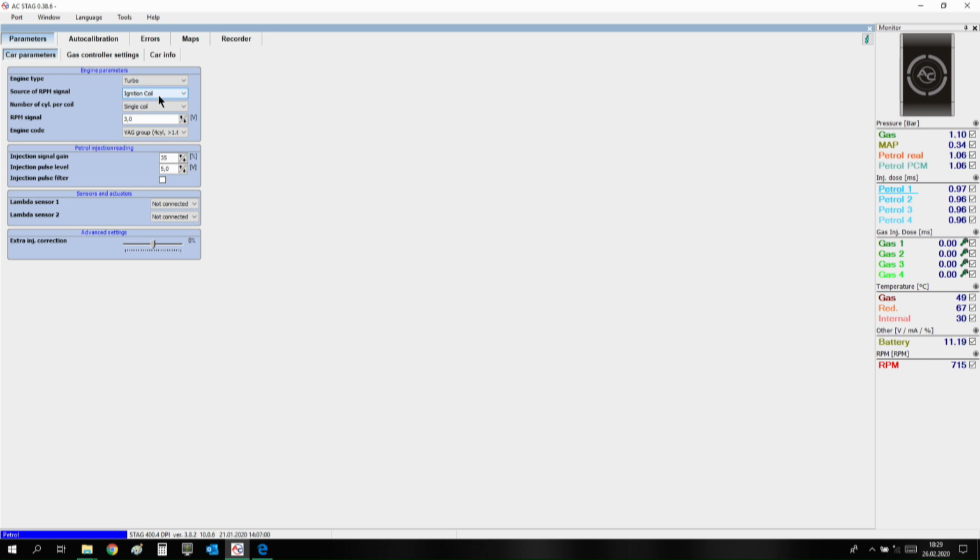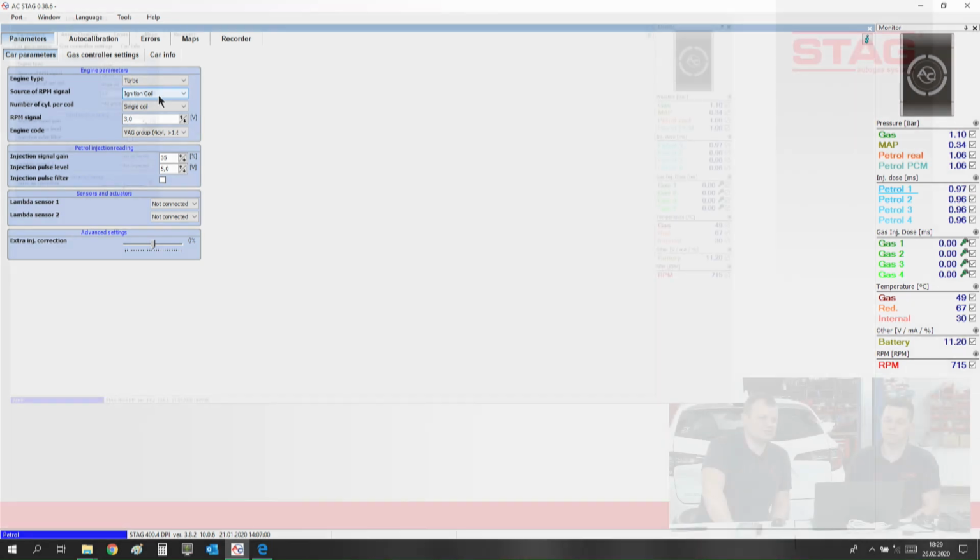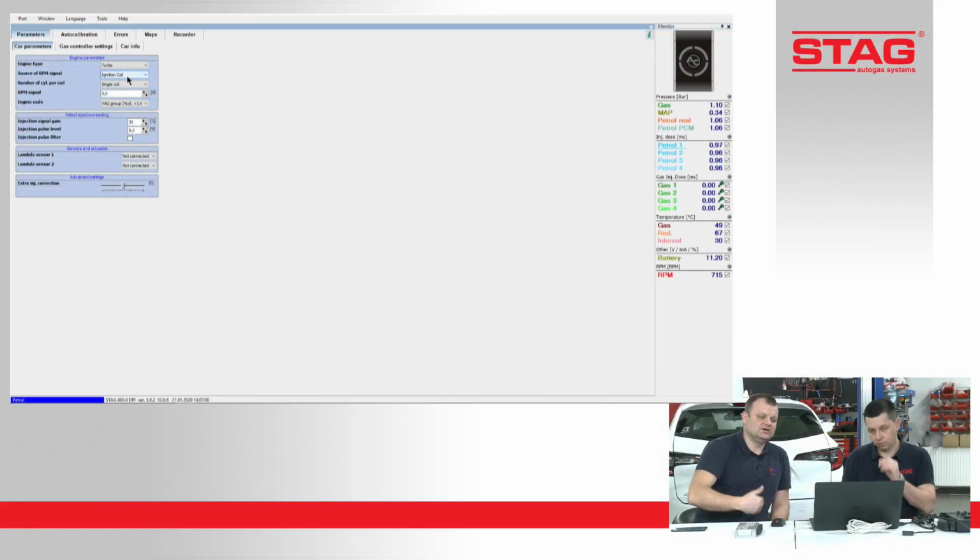If you start auto calibration, the system sometimes switches automatically to the camshaft signal, even if you choose coil, when there is a demand for a camshaft signal. And follow the next steps, because now it is 30 minutes, but we can extend it.